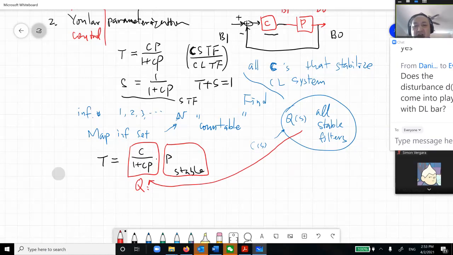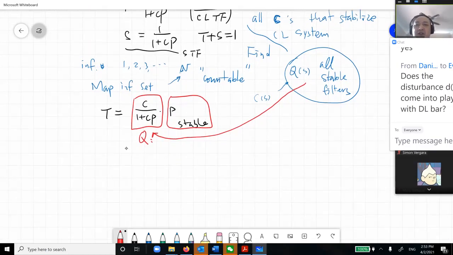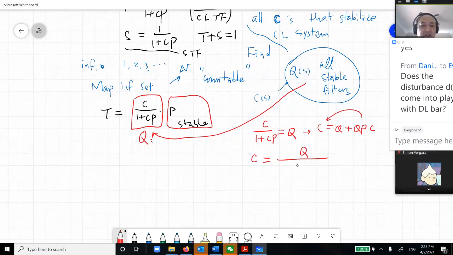We'll assume this is a Q. So what I can do is simply write it this way: CP divided by 1 plus CP is Q. So if I express C in terms of P and Q, then what do I have? C equals Q plus QPC, right? So move this guy to this side, and I get C equals Q divided by 1 minus QP, right?